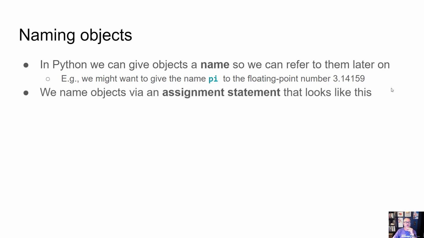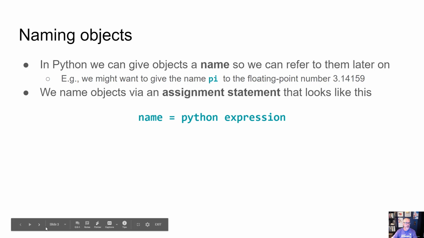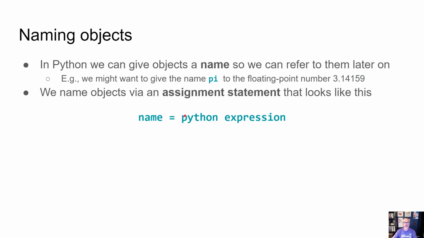And we do this via what's called an assignment statement. And assignment statements look like this. We take the name that we're going to create or associate, and then an equal sign, and then on the right-hand side, some Python expression. So in our last section of videos, when we were doing things like 2.4 times 3, that's an expression.